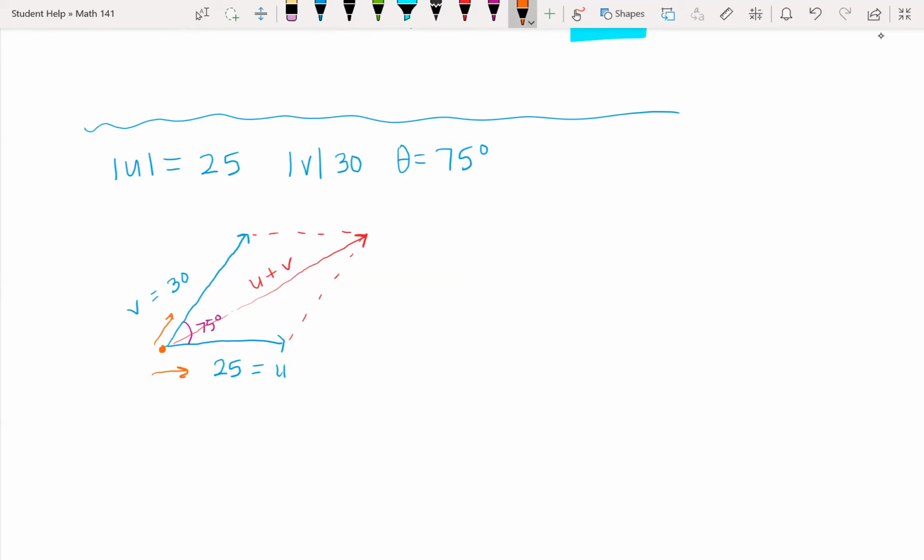So let's start by finding the length of the vector. This is what we did before. We used the law of cosines in the problem before.